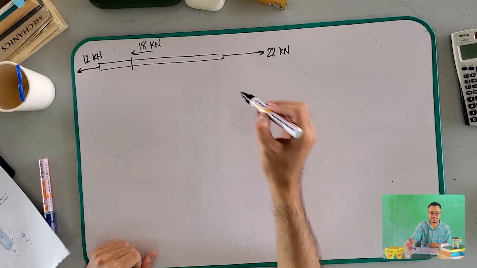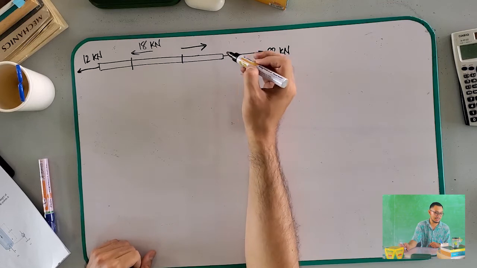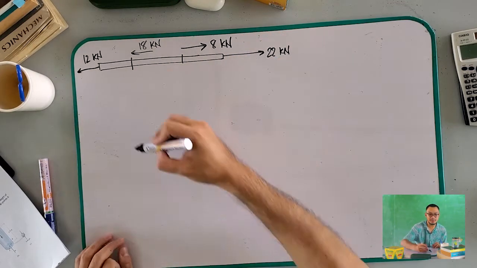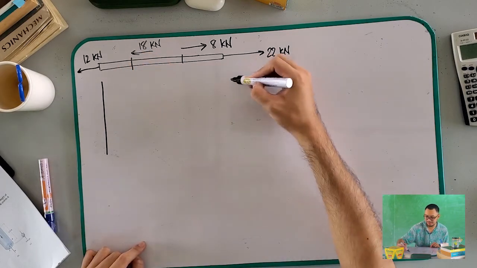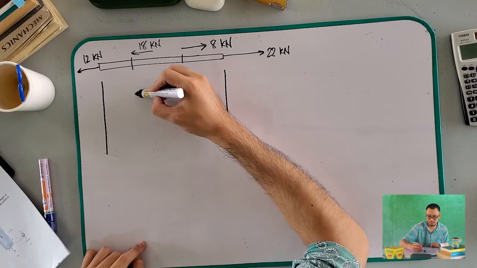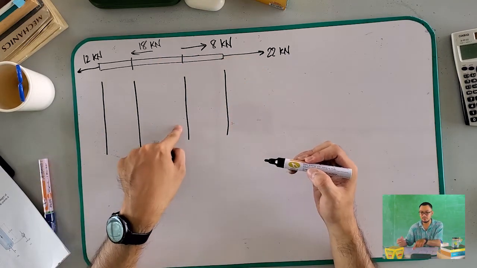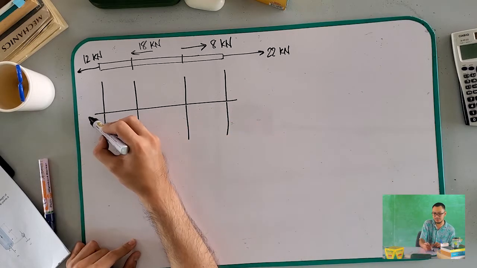And then at point C it takes 8 kilonewtons. So we make a graph. Point A, point B, point C, point D. And this is our zero line, 0.